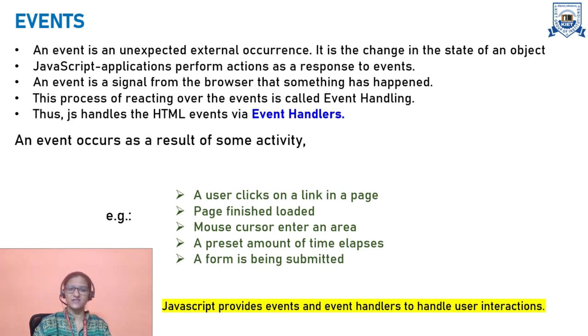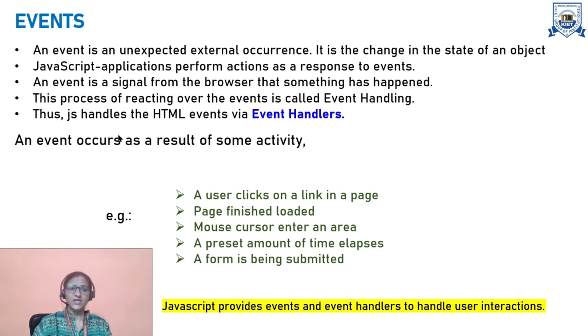JavaScript applications perform actions as a response to events. An event is a signal from the browser that something has happened, and the process of reacting to the event is called event handling.